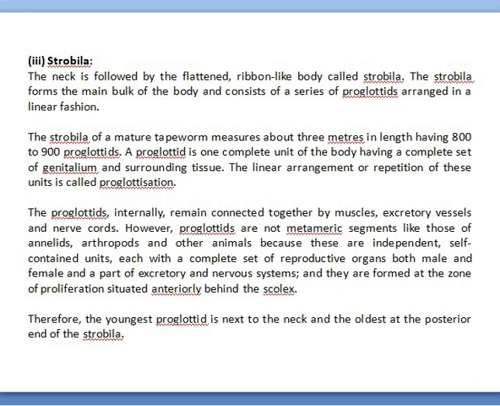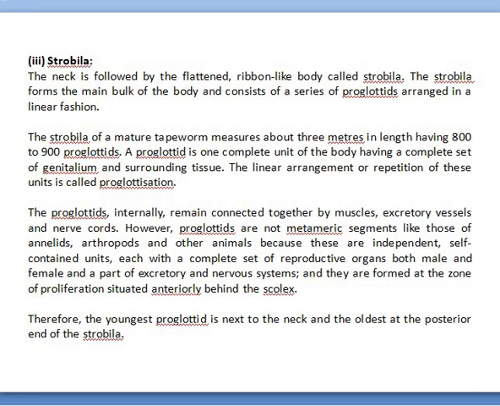The proglottids of a mature tapeworm are differentiated into 3 kinds of regions. First, the immature proglottids, just behind the neck, devoid of reproductive organs and broader than long. Around 200 anterior proglottids are there.